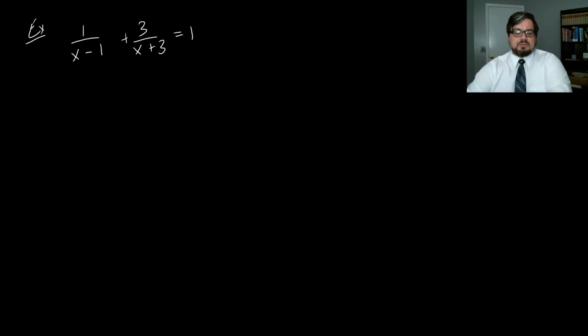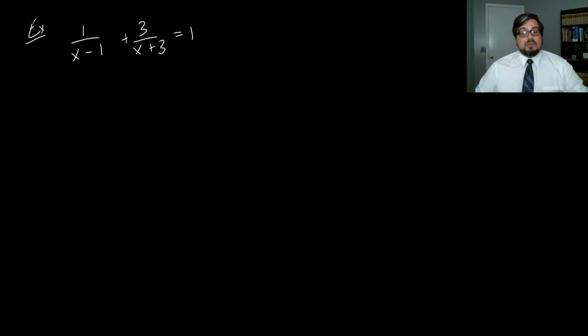We can also use our techniques of working with quadratic equations to solve certain rational equations that we couldn't before. So for example, let's look at 1 over (x minus 1) plus 3 over (x plus 3) equals 1. And let's try to solve this equation, find all the solutions to it.